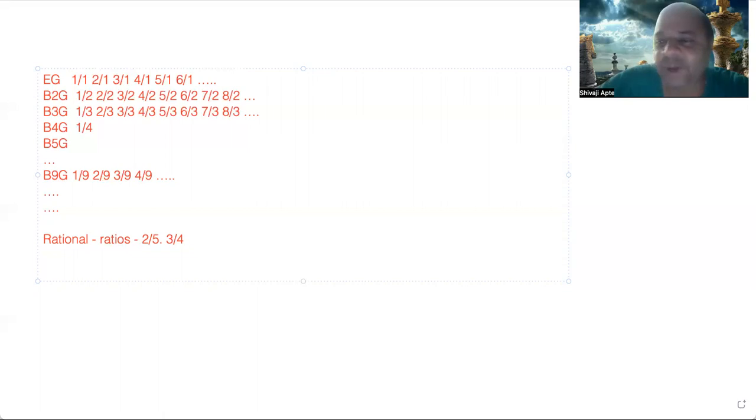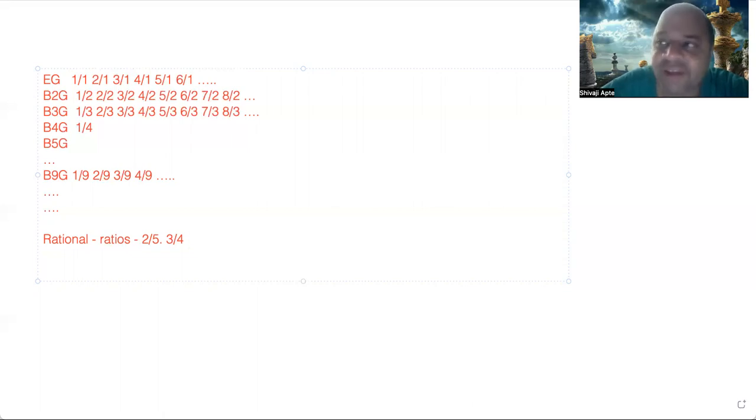See, between 1 by 2 and 1 by 3. 1 by 2 is 0.5. 1 by 3 is 0.33, right?